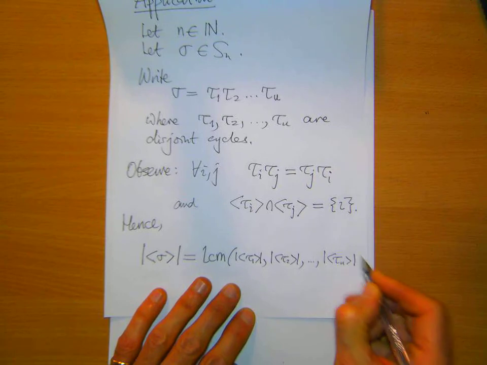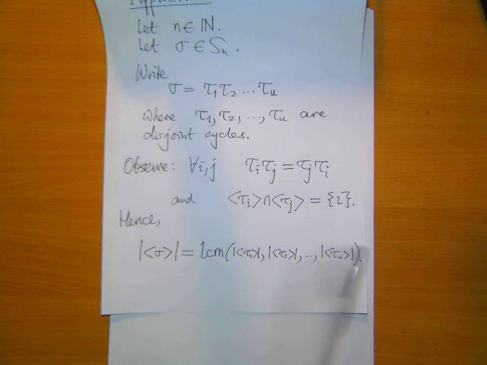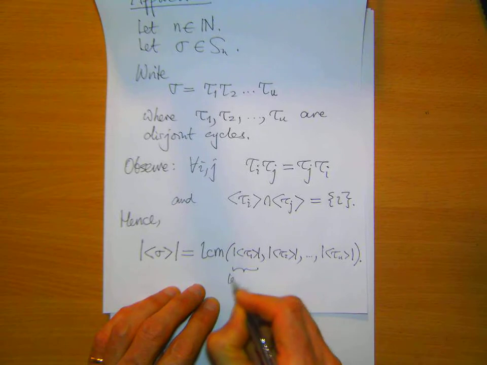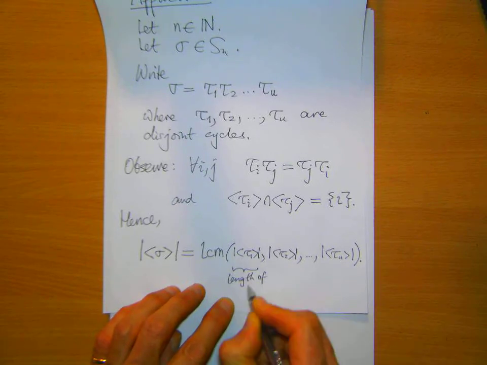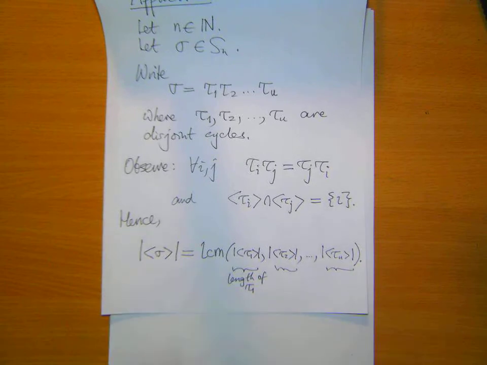Sorry, I shouldn't use the word thing, it's a bit sloppy. But I'm using the extension now. So we take the lowest common multiple of all these numbers. And notice, by the way, this is just the lengths of tau 1, etc., because remember, the order of a k-cycle is k. So the order of a cycle is easy to compute, it's just its length.